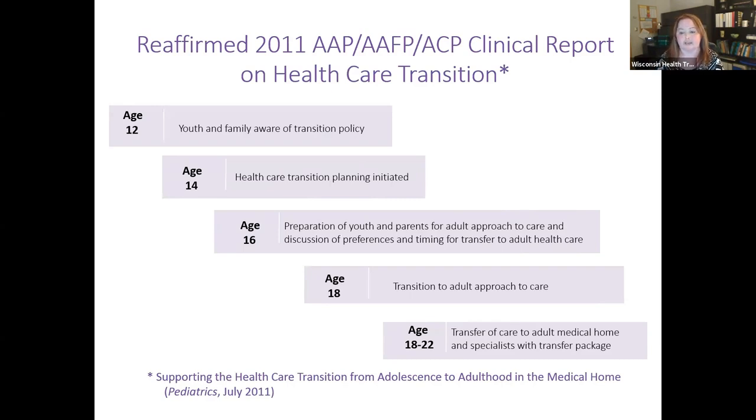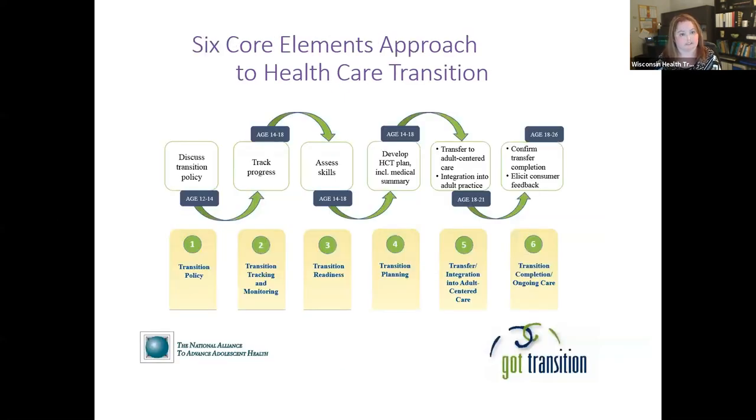So they kept those ages the same and wanted to reconfirm that we were using these ages and that this is what they recommend as the gold standard for age when you compare age for transition things. Again, whatever is developmentally appropriate for the child too.